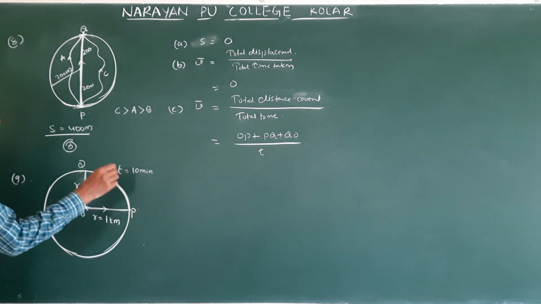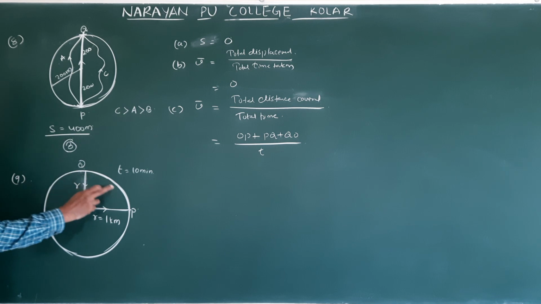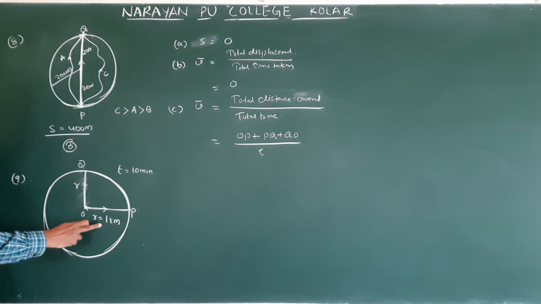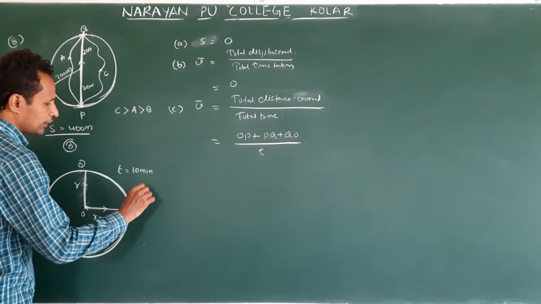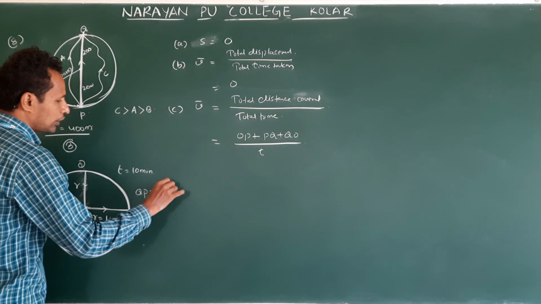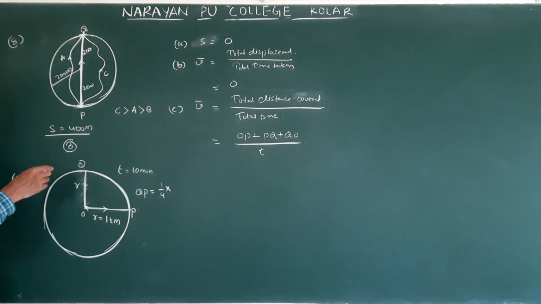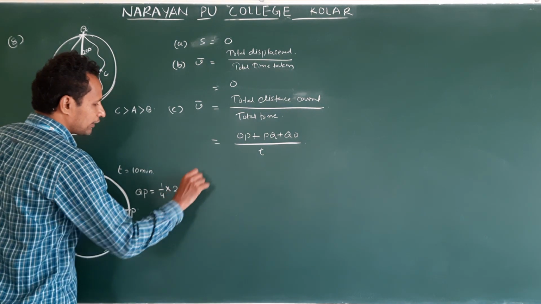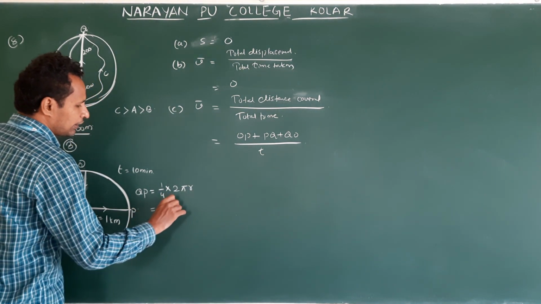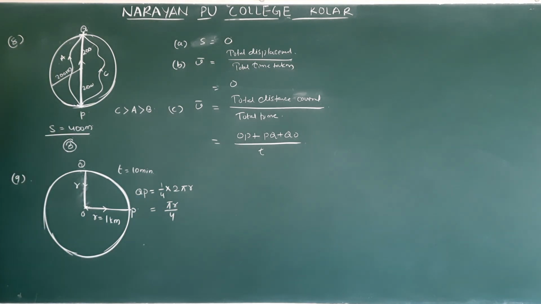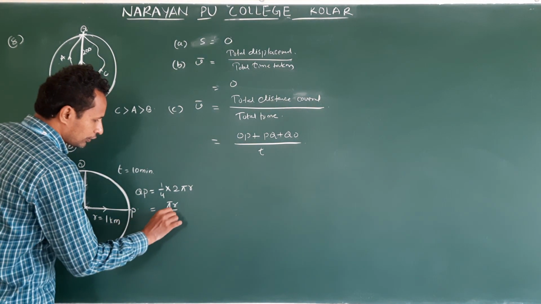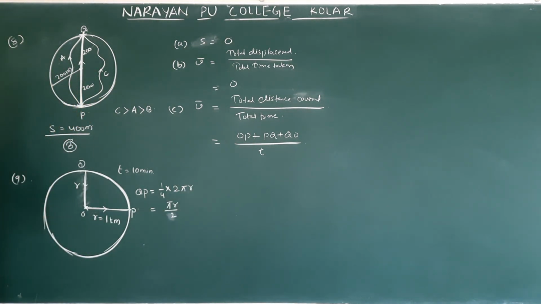PQ looks like 1/4 of the circumference. Am I correct? So PQ is 1/4 of the circumference of the circle, 2 pi r. So this is pi r by 2, after cancelling. Clear?